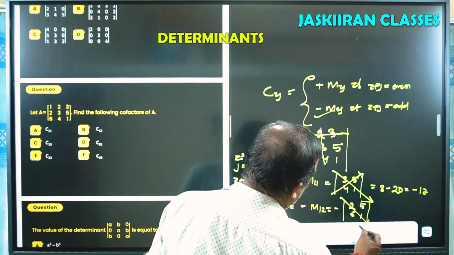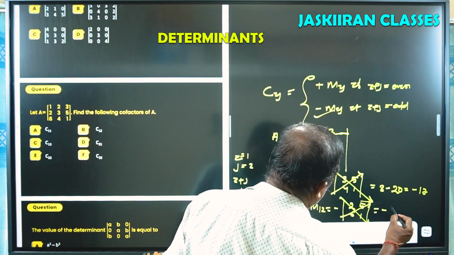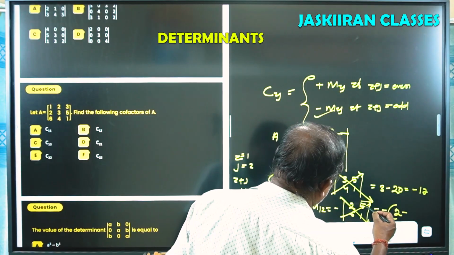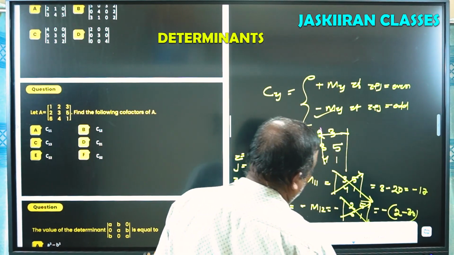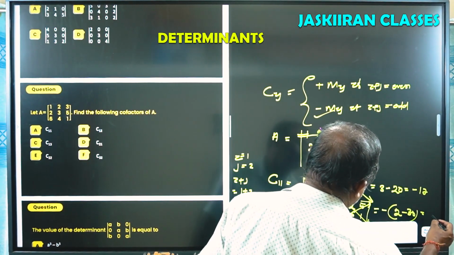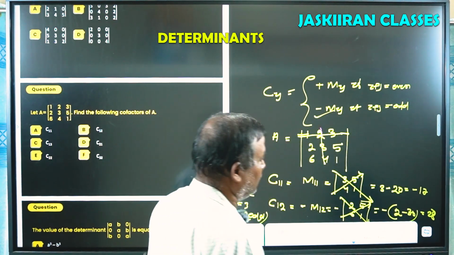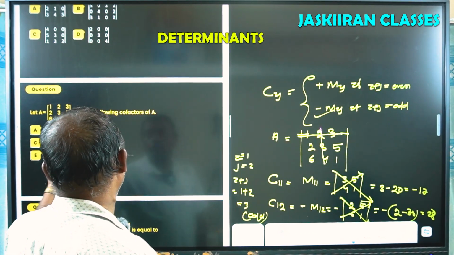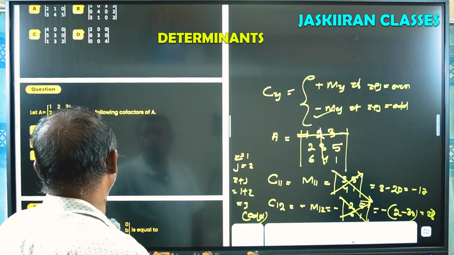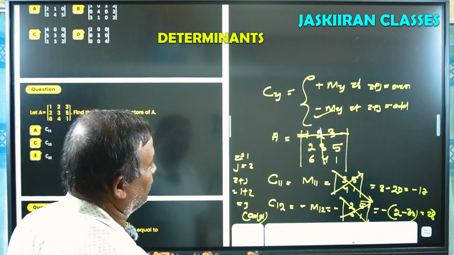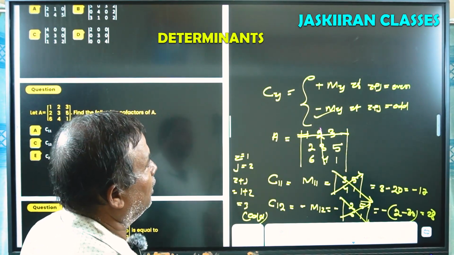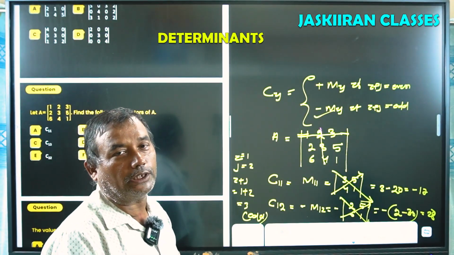Now the principal diagonal minus the secondary diagonal: 10 minus 48, and we get the value 38. Similarly, we get the values of C13, C22, C21, and C32. That is about the cofactors of the determinants.